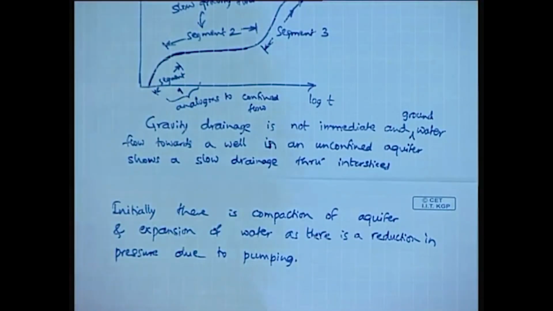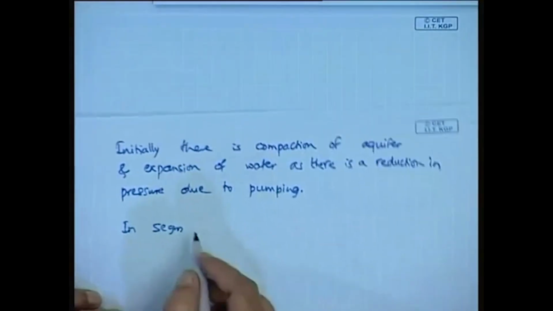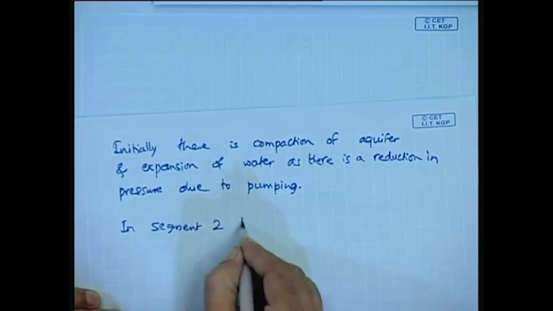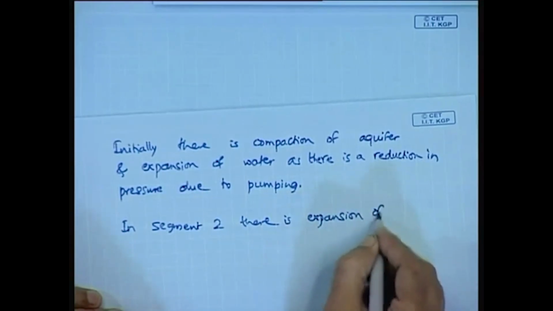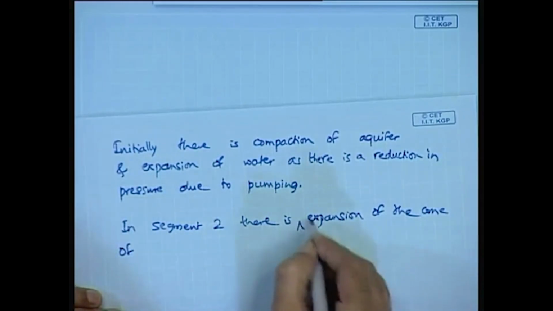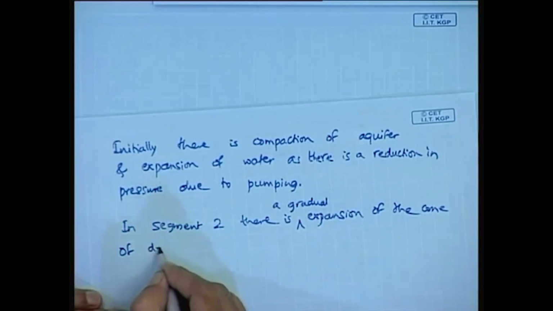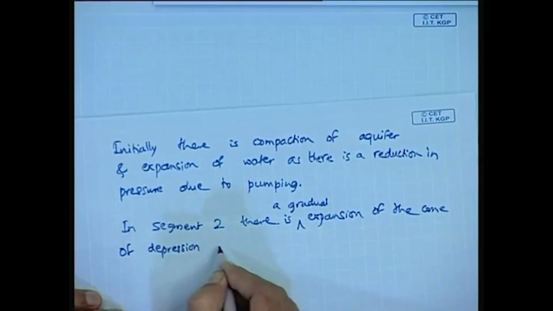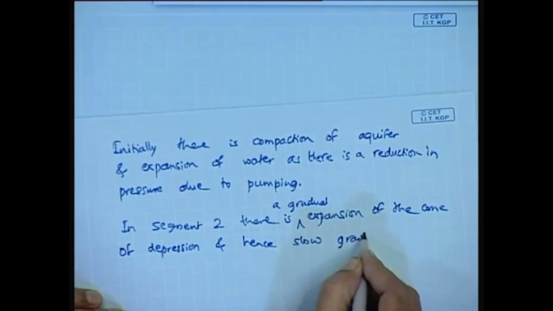In segment 2 there is a gradual expansion of the cone of depression, and hence slow gravity drainage.